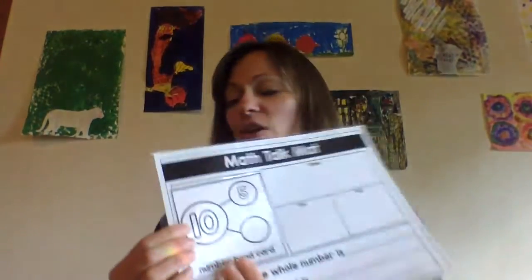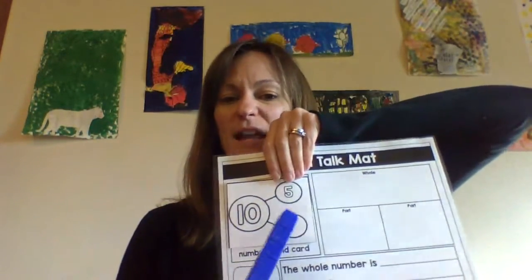Something else that we do is we have math talk mats where we have our number bond already filled out with just a missing number. So here we have our whole is 10. So if I wanted to figure this out, I would need a whole of 10. So here is 10. And then I would break it into 5, and then I would see how many I had left, and that would be 5.